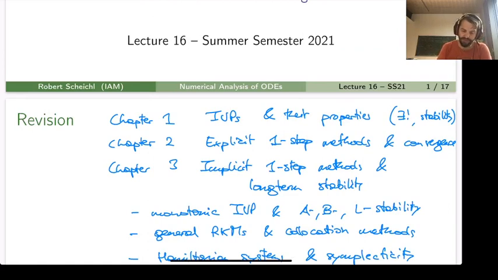In chapter 1, I described differential equations, particularly initial value problems, and how we can write every initial value problem as a first order system of ODEs with initial conditions. We studied their properties, in particular existence, uniqueness, and stability. Then in chapter 2 we started designing numerical methods for it.